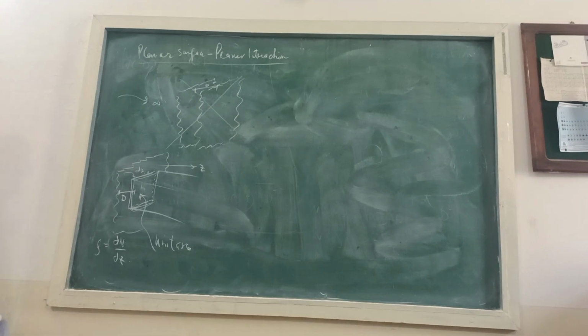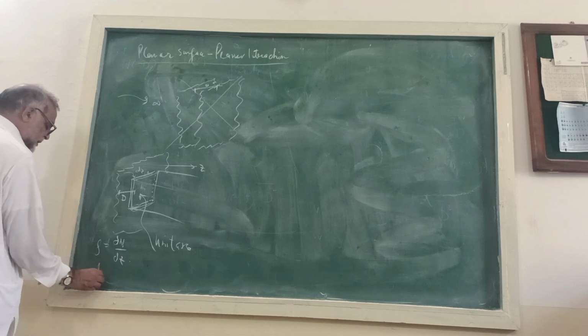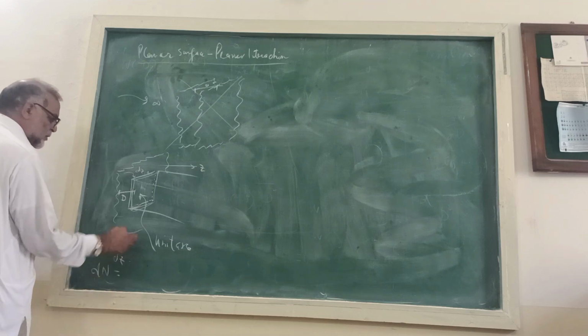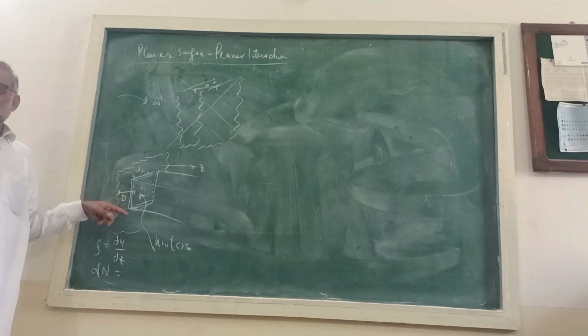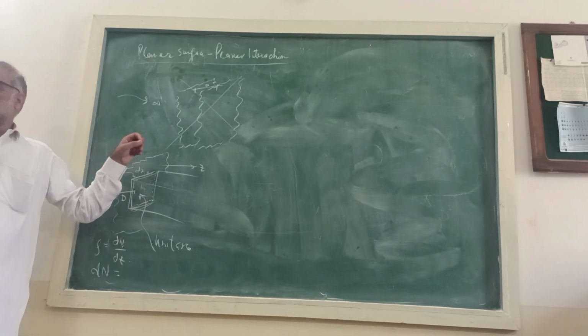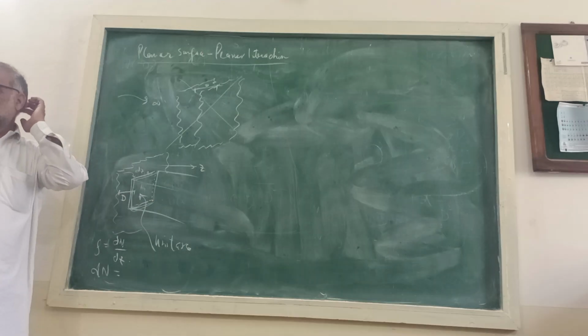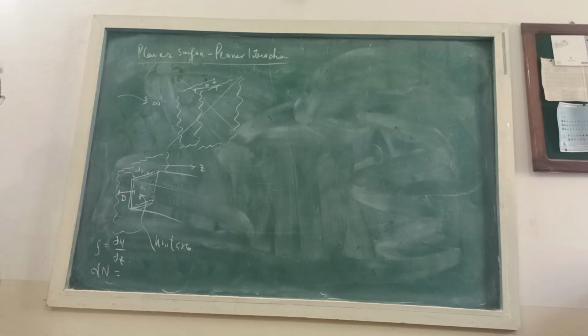Right? So here, dn, the total number of molecules in this ring, we consider a small ring kind of piece around the unit area, right, of thickness dz.